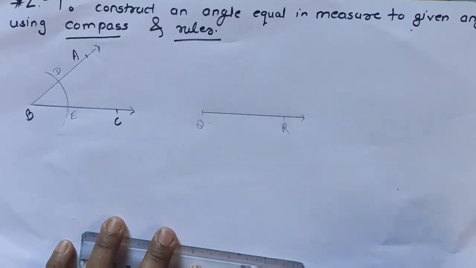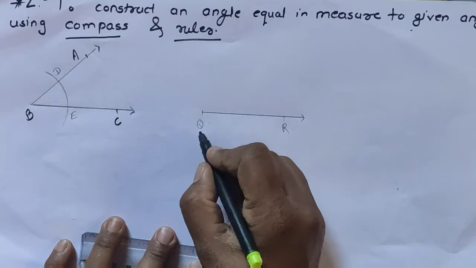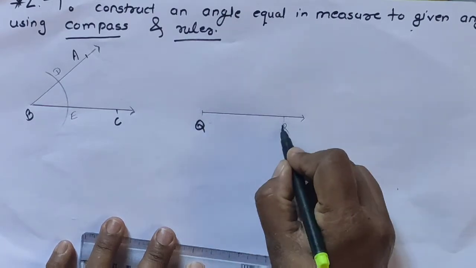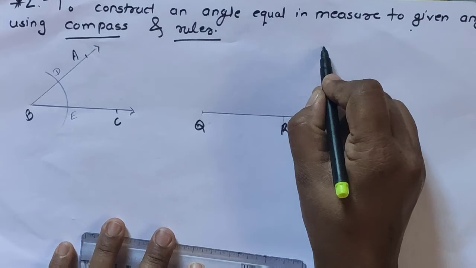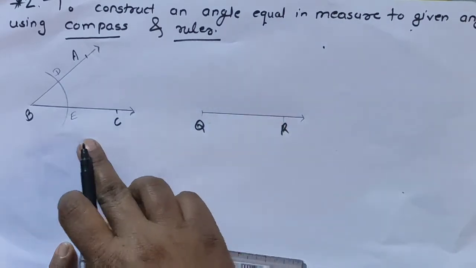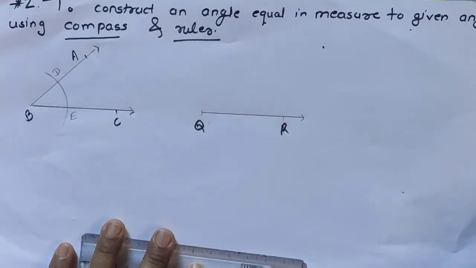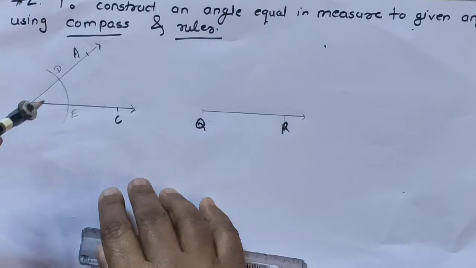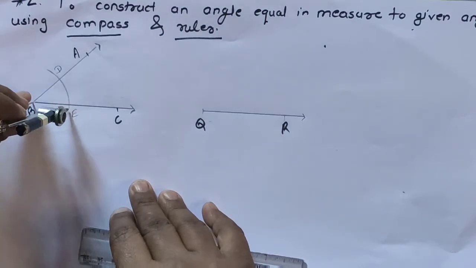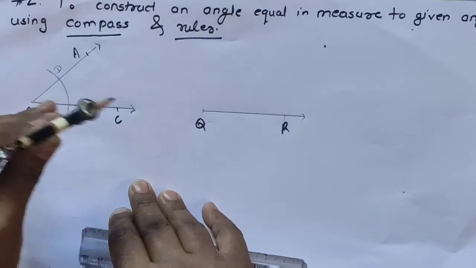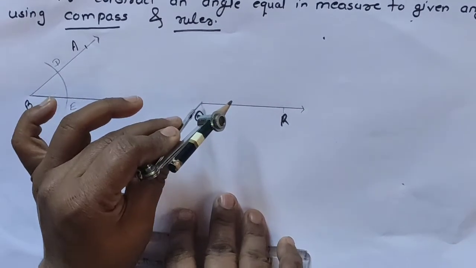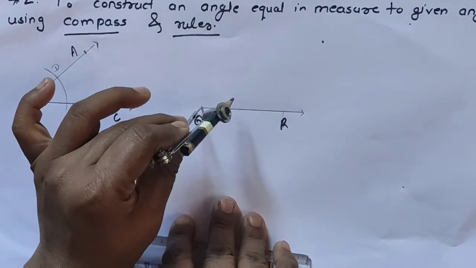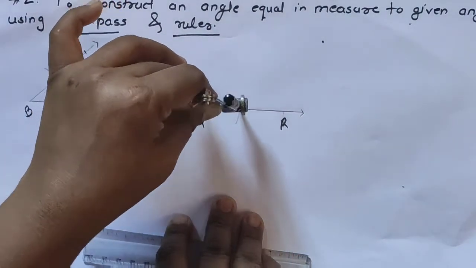You have to draw the ray at first, and we are drawing the angle PQR which is identical to ABC. Now take the compass, with the same distance we took here. Put the middle point of this compass on Q and draw the arc.